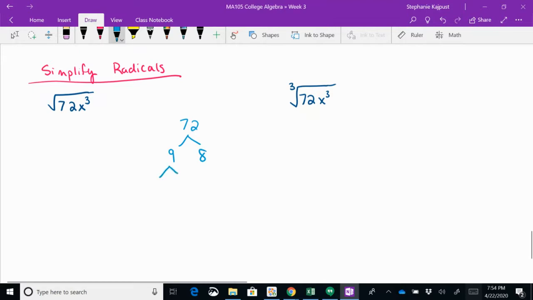Let's see, 9 is 3 times 3, and those are prime numbers, so I'm going to circle those. 8 is 4 times 2, and 4 is not prime, so I need to split that one up. So that's 2 times 2, and then I have that other 2.